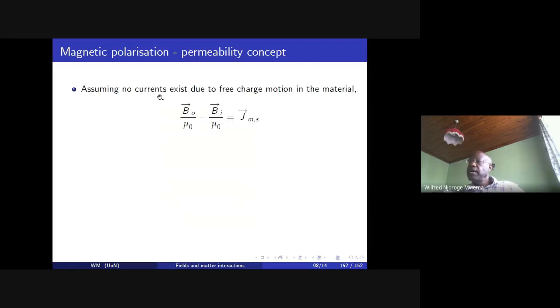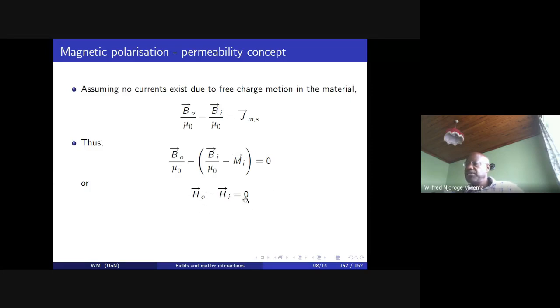So if we assume no currents exist due to free charge motion, that is J is equal to 0, then the difference between B outside the material and the intensity inside the material is just going to be equal to the surface current density. And therefore, if we put these values as shown there, this must be equal to 0, or in other words, the magnetic field intensity is continuous across the boundary.